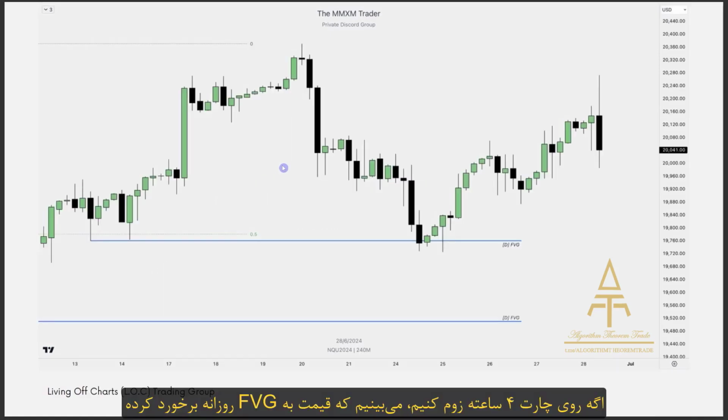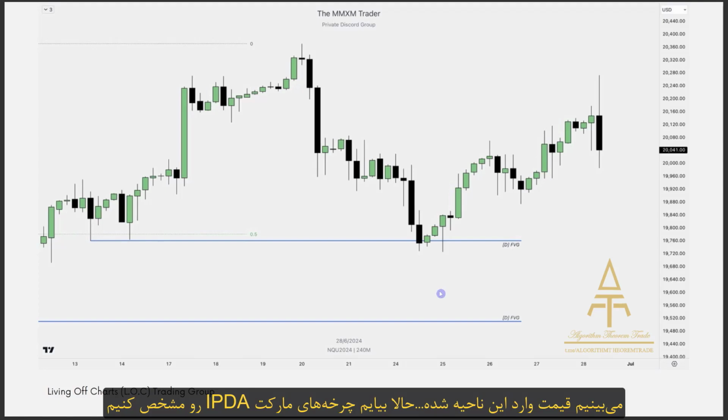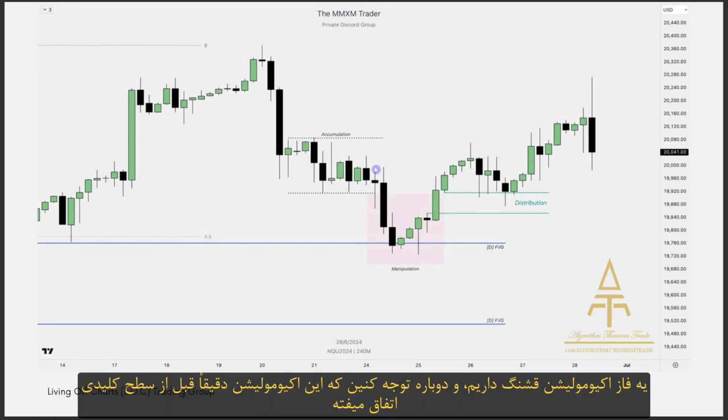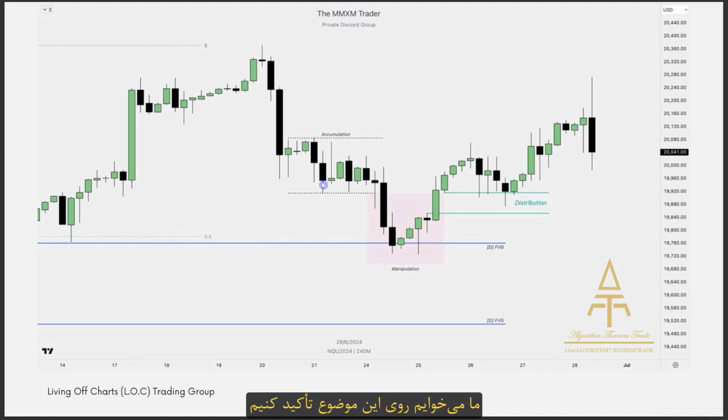So if we zoom in, on the 4-hour chart, we hit that daily fair value gap, and we can see price dips into here. Now let's identify the market cycles, right? The IPDA market cycles. So over here we've got those IPDA market cycles outlined. We've got a nice accumulation phase, and note how this is accumulating just before that key level. This is important. We want to emphasize that.